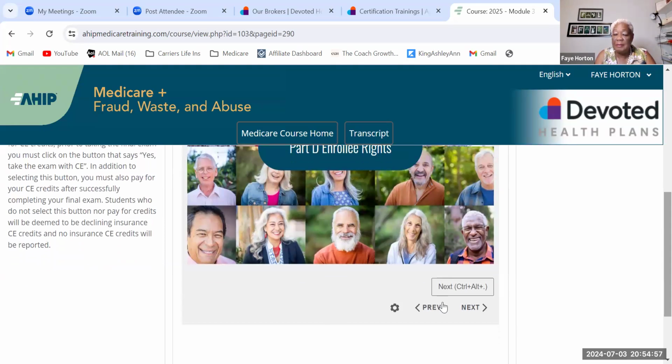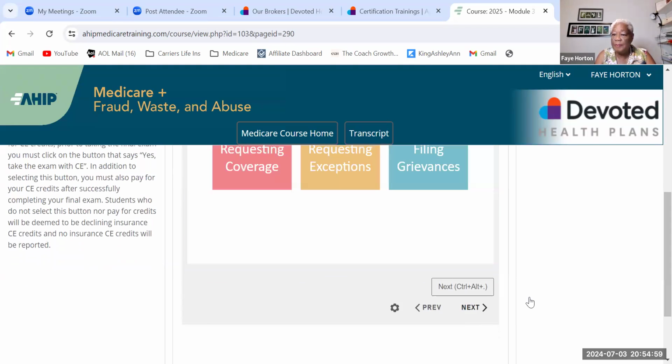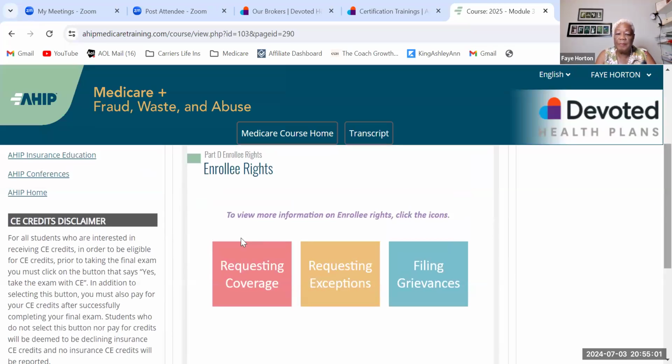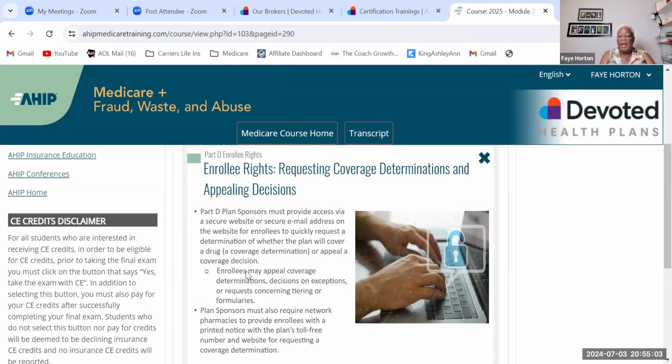Enrollee rights. Part D plan sponsors must provide access via a secure website or secure email address on the website for enrollees to quickly request a determination of whether the plan will cover a drug, a coverage determination, or appeal a coverage decision.